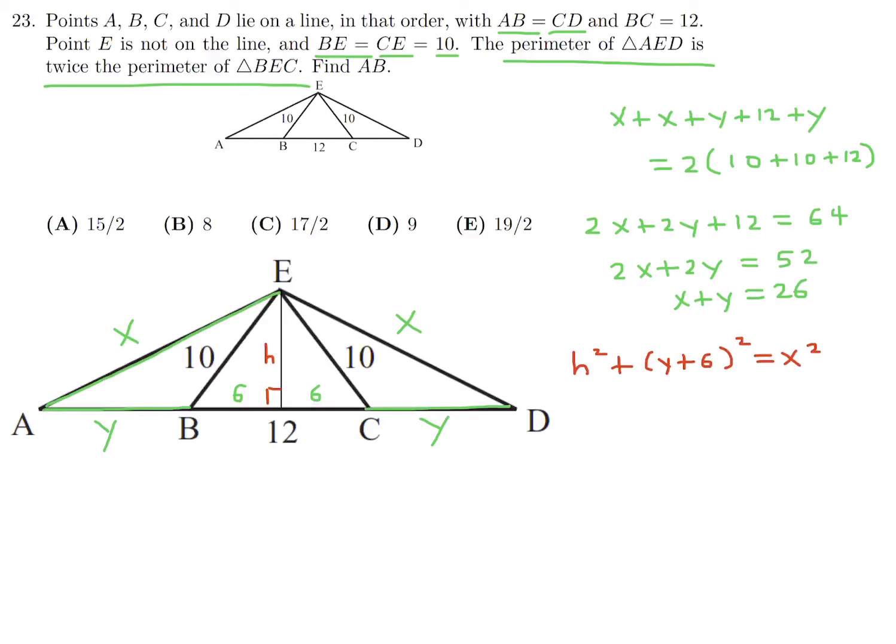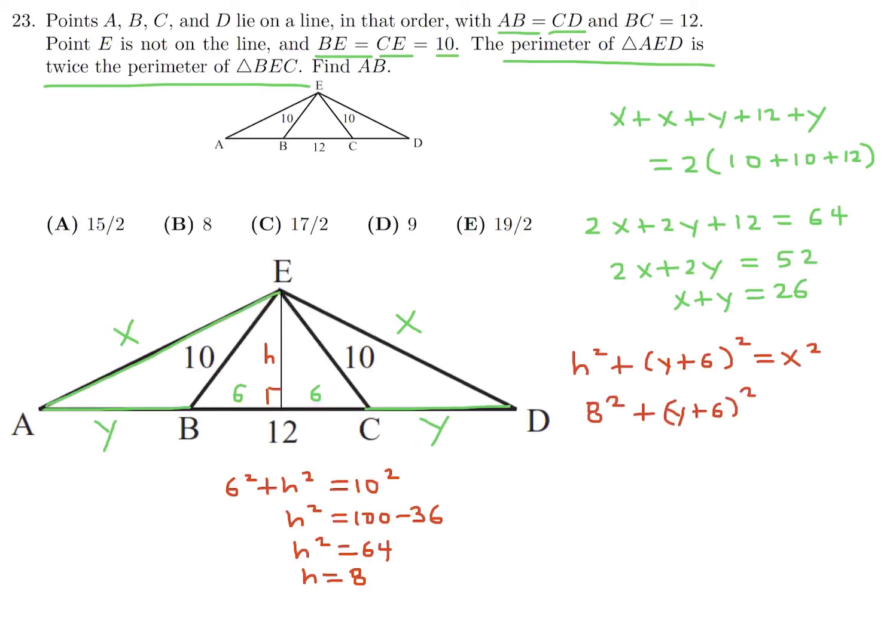You probably can do it in your head, but I'll just do it here using Pythagoras on that little triangle right there. 6 squared plus h squared is equal to 10 squared, and therefore we've got h squared is equal to 100 minus 36. H squared is equal to 64, and therefore h is 8. All right, so we got 8 squared plus y plus 6 squared is equal to x squared, like that.